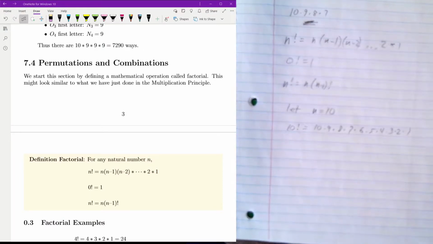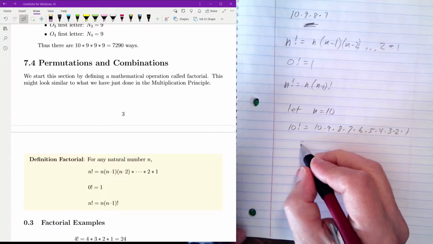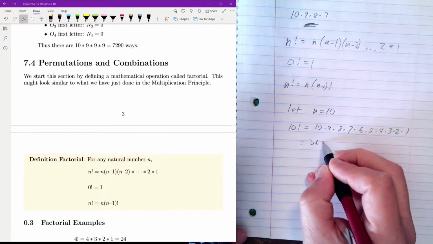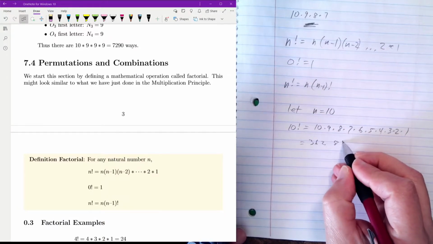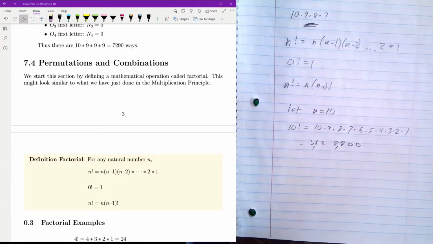So 10 factorial is a rather large number, by the way. It equals 3,628,800. Like I say, a rather large number. So this is a number that grows very, very fast.